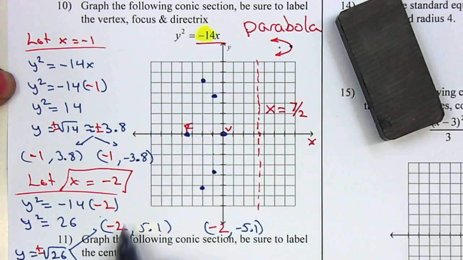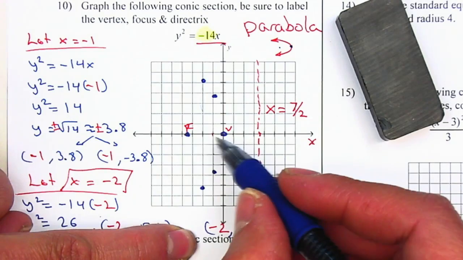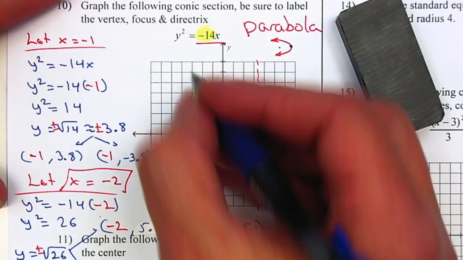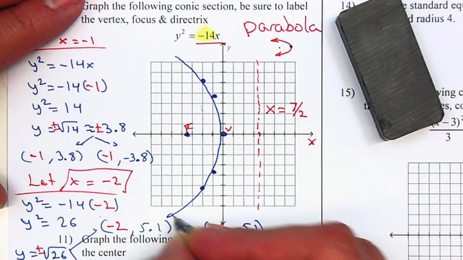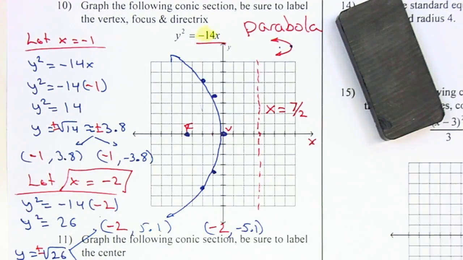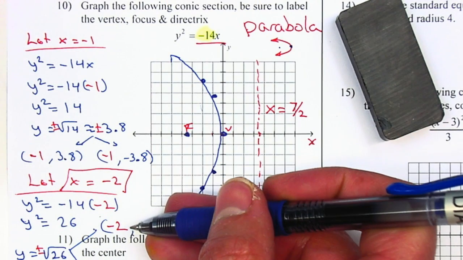So I just plotted both from the origin, -2 at 5.3, -2 down 5.3. And that's my problem. Make sure you label all your points and make sure to show me the work for the 2 x's that you plug in.